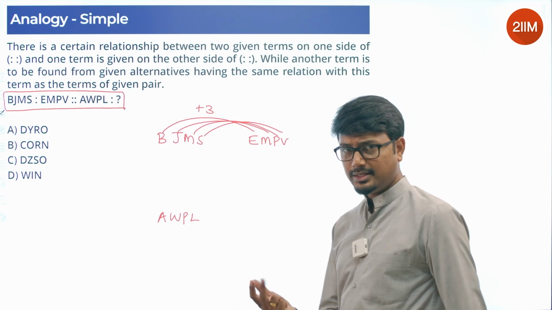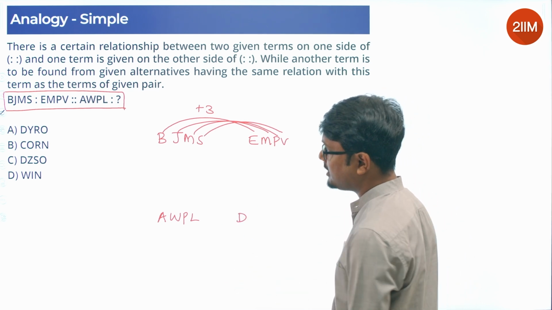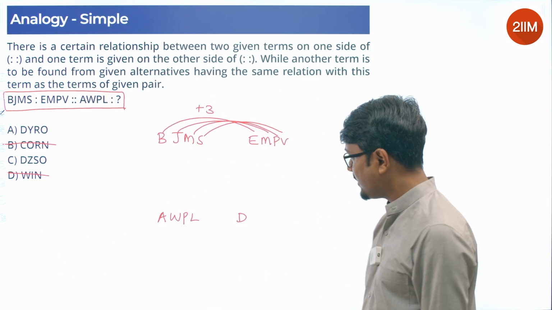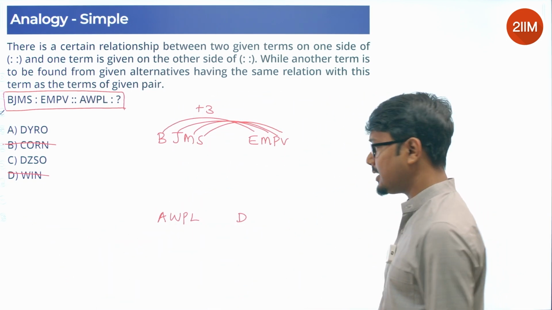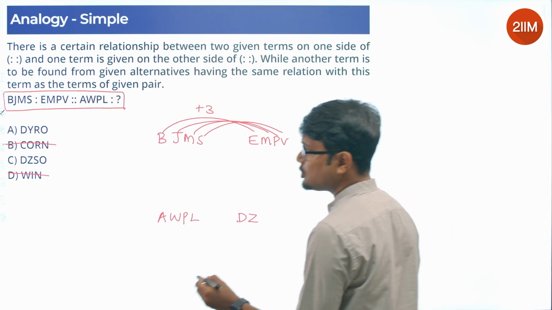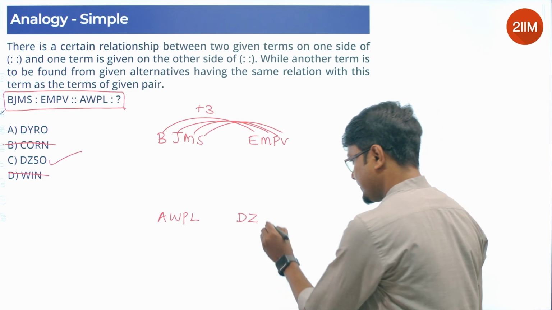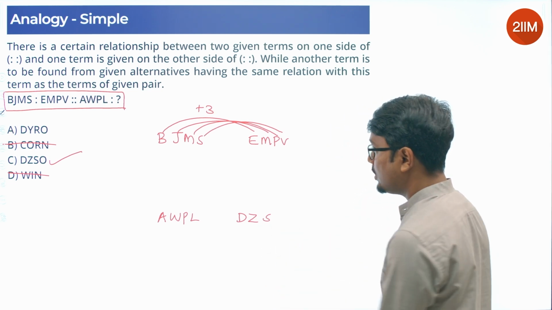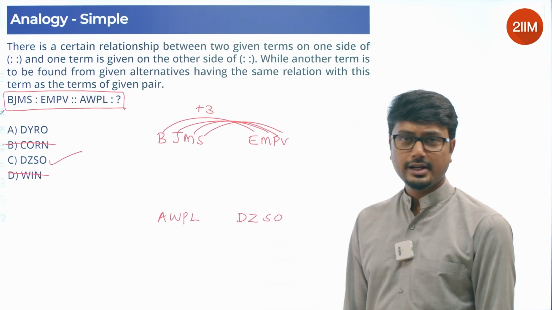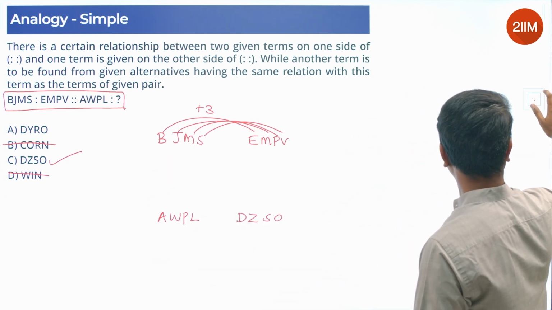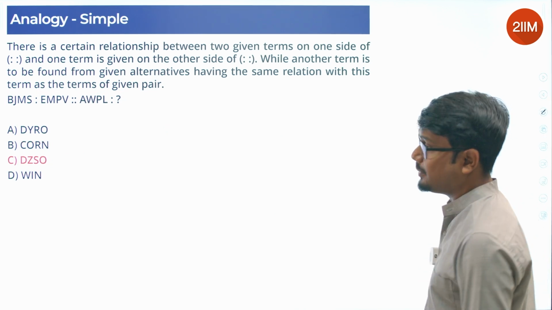So A, B, C, D. So it should be D. Starting with D, we got two options. We'll pick it up. W, X, Y, Z. So D, Z. D, Z should be the answer. Okay, we'll verify. We'll confirm it. P, Q, R, S. L, M, N, O should be O. D, Z, S, O. That should be the right answer. Option C must be the right answer. Yep, that's the right answer.